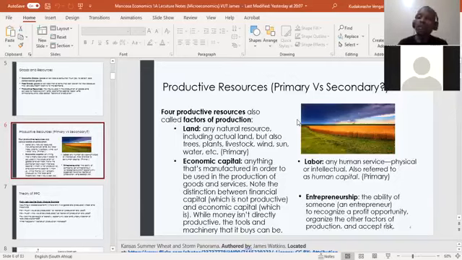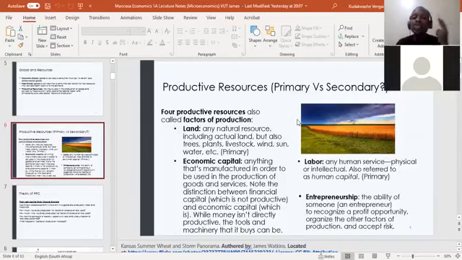So you're talking about your engineers, your scientists, your data scientists. Their intellectual capacity is also included as part of labor. Labor is sometimes also referred to as human capital. Those 2, land and labor, are what we call primary factors of production.